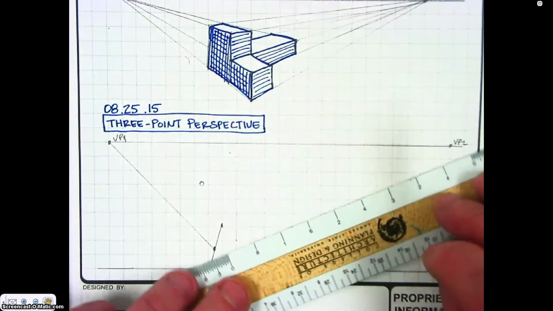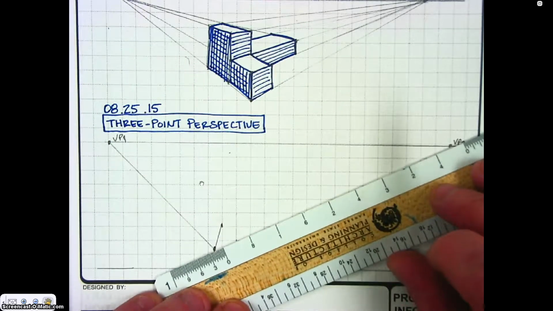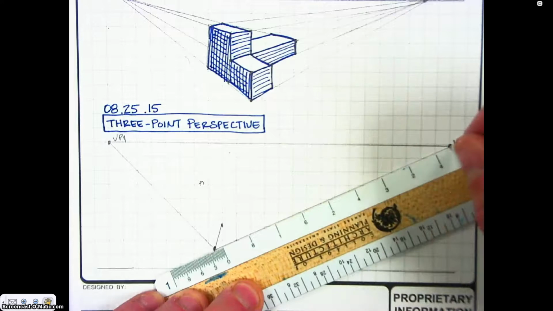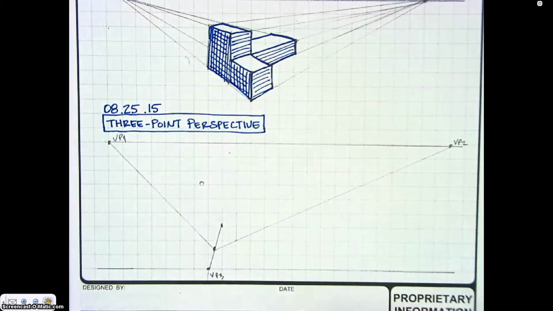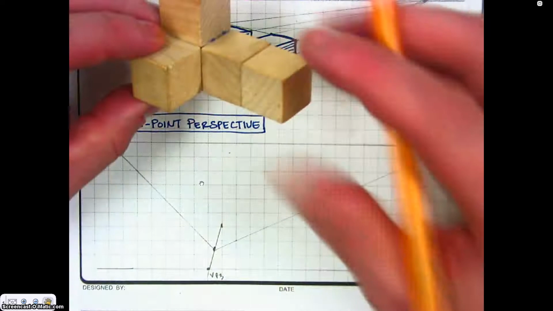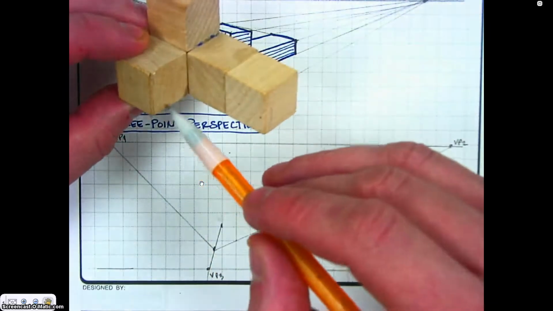The width line back to vanishing point 3. The depth line back to vanishing point 2. Right there. So I can then move across that. So I've drawn this line, I've drawn this line, and I've drawn this line.